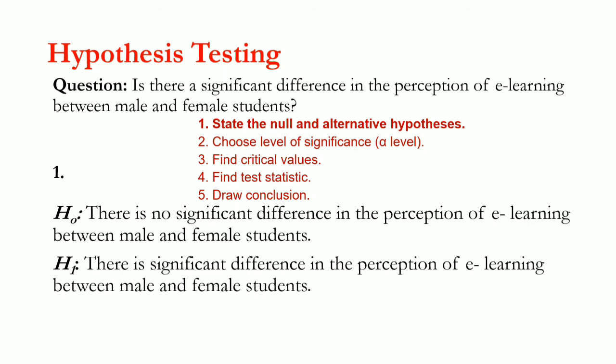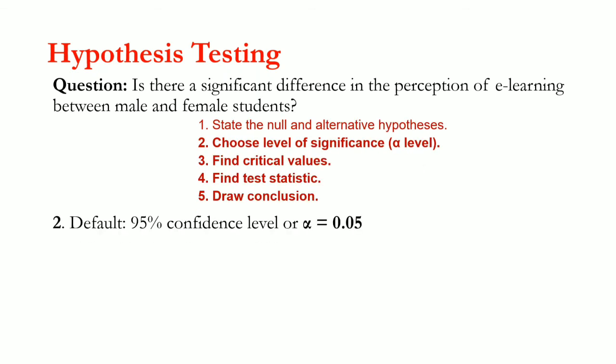This is to strengthen your research study. And then alternative hypothesis denoted by H sub 1. For this research question, there is significant difference in the perception of e-learning between male and female. So again, the purpose of hypothesis testing is to disprove the null hypothesis and accept the alternative hypothesis.